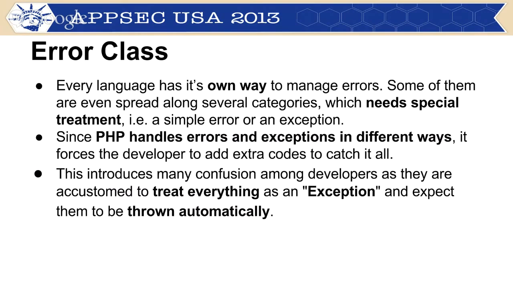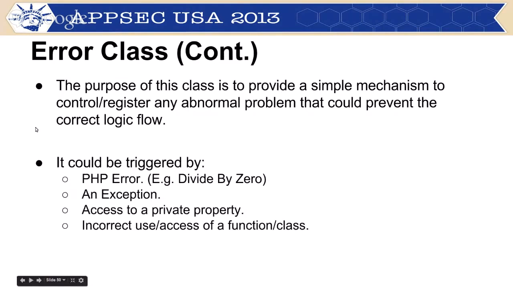Major languages like Java just have one thing, exception, and nobody knows about errors. They are all handled just as exceptions. PHP has two different things, errors and exceptions, which makes it pretty confusing. So we have this error class, and every time your application encounters an error, it will convert it to an exception. After using this class, you will not have to worry about errors because you will always get exceptions.